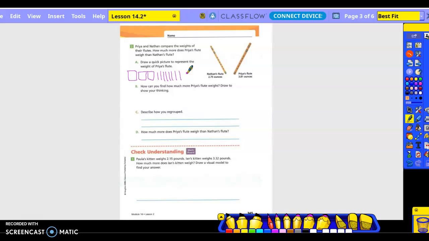How can you find how much more Priya's flute weighs? Draw to show your thinking. So we need to put that she has 3, right? Okay, and then the 8, and then 1, right? Okay, now, like I told you the other day, we work right to left, right? So for Nathan's, he has 2 and 75 hundredths. So do I have enough hundredths to get rid of 5?